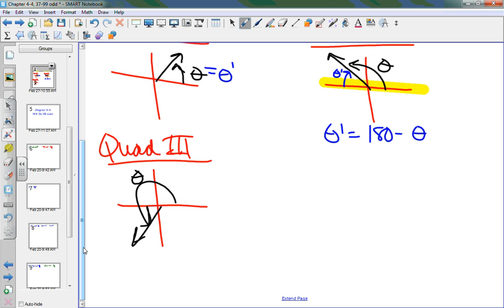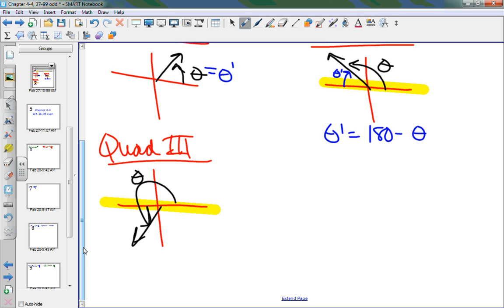Okay? Now, what if I'm in quadrant 3? There's my lovely theta. Now, how do I find theta prime? Remember, how do I form theta prime? You still have to use your horizontal axis. Can you ever use 270? No, because that's using the vertical axis. I need my horizontal axis. Where's theta prime?